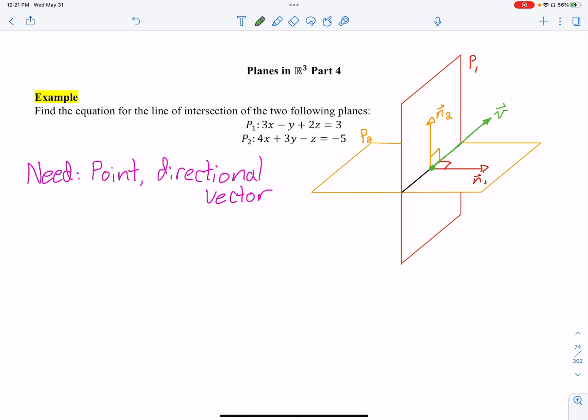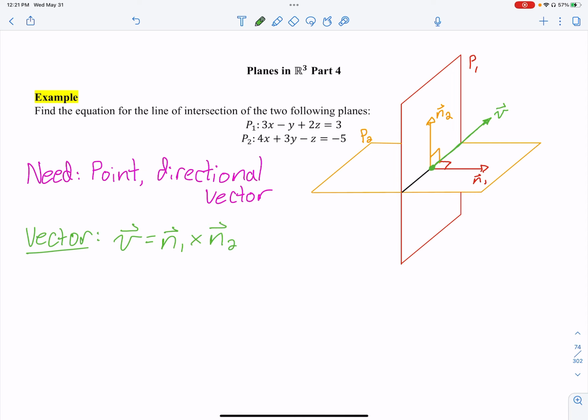Since the planes are set up the way they are, the cross product would give us a vector orthogonal to N1 and N2, which actually runs in the direction of the line. So to find my vector, we are just going to find the cross product of N1 and N2. So V is equal to N1 crossed with N2.